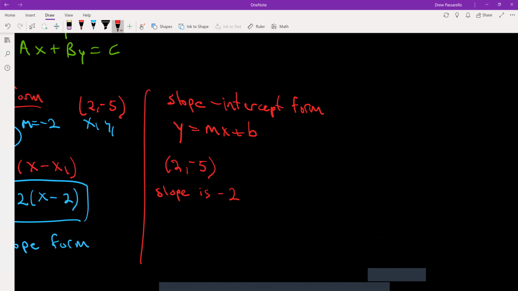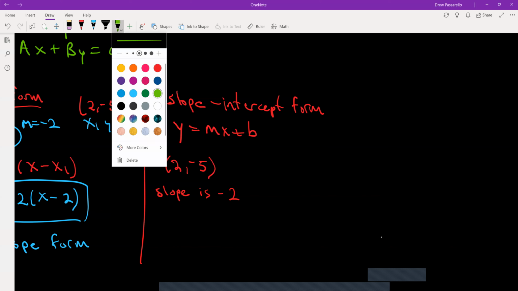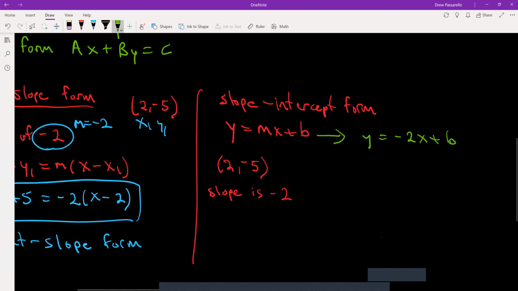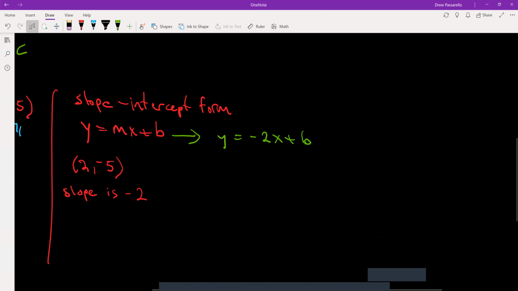So at least right now, instead of y equals mx plus b, I have y equals -2x plus b. And again, what I'm showing is just two approaches to get answers. Sometimes the answer is in point slope form, sometimes in slope intercept form. Most of the time, I know for algebra, we usually dealt with slope-intercept form. And then for this, I need to determine the y-intercept b.